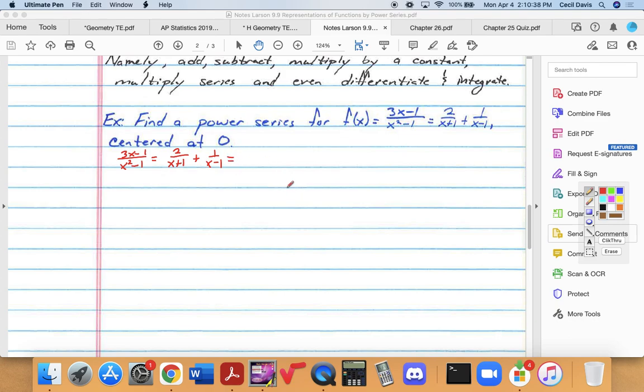So I'll make this 2 over 1 minus negative x. And this one, let's just multiply top and bottom by negative 1, because then I'd have negative 1 over 1 minus x.